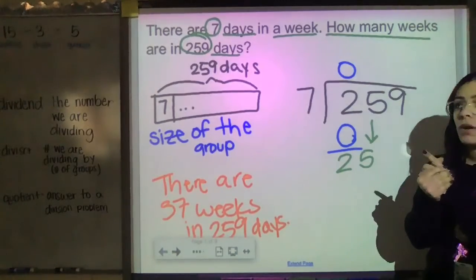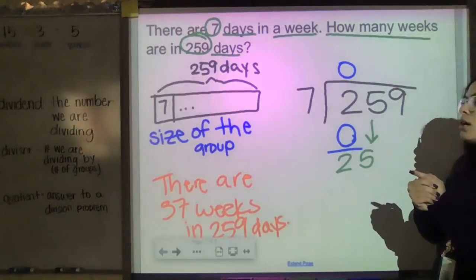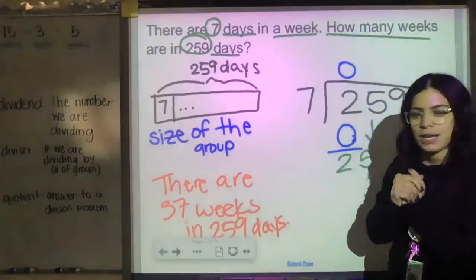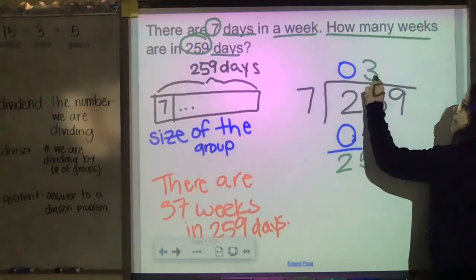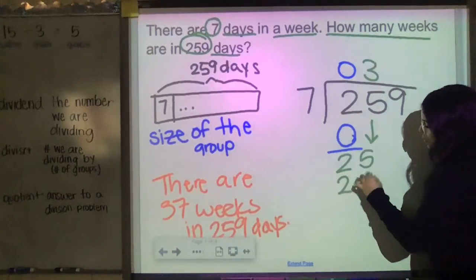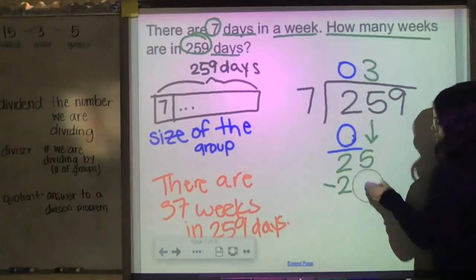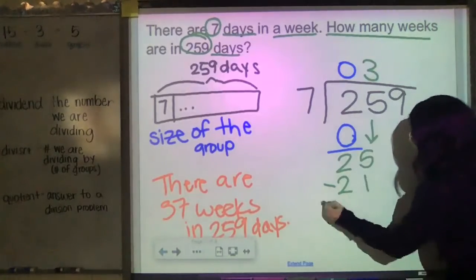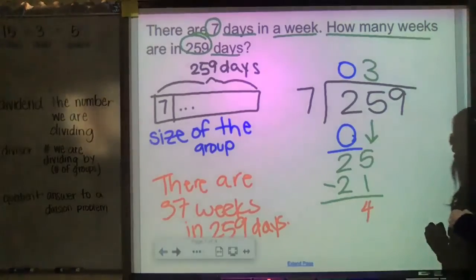I know I can't go over, because if I think about my facts, 7 times 4 tens would get me 28. So I'm going to stop at 3. 7 times 3 tens equals 21 tens, and leaves me with 4 tens remaining.